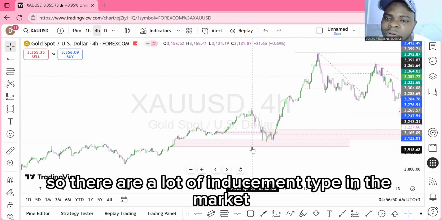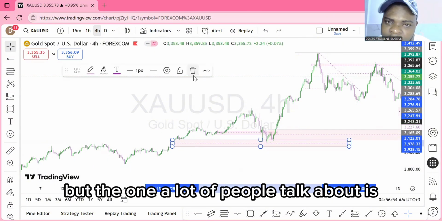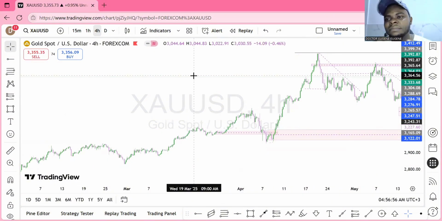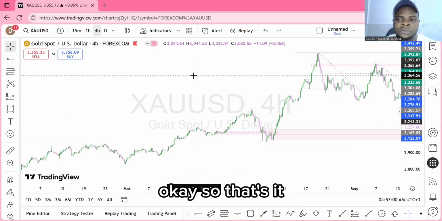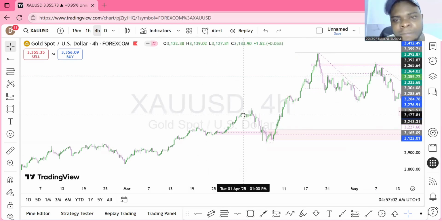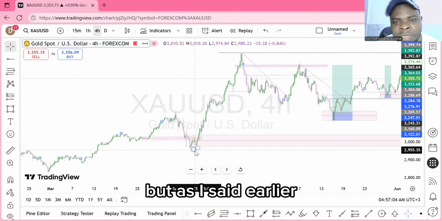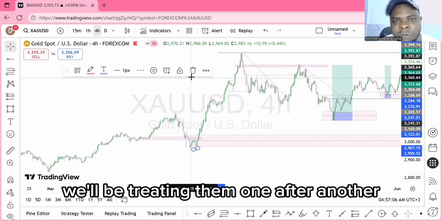So there are a lot of inducement types in the market, but the one a lot of people talk about is first valid pullback. So that's it. But as I said earlier, we'll be treating them one after another.